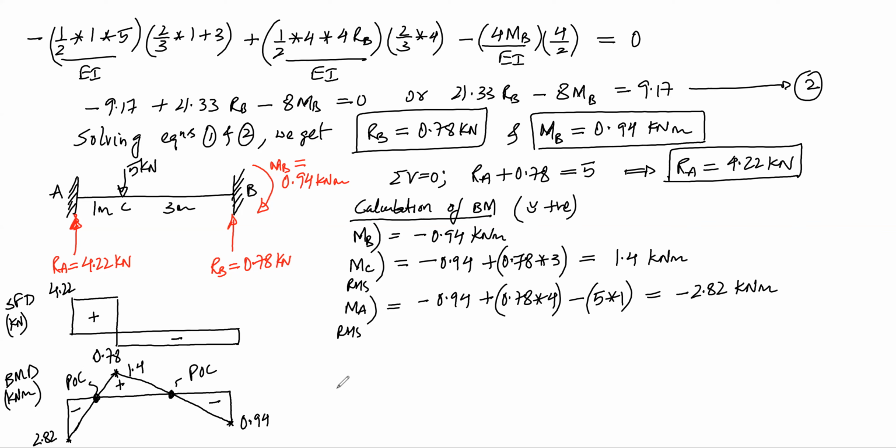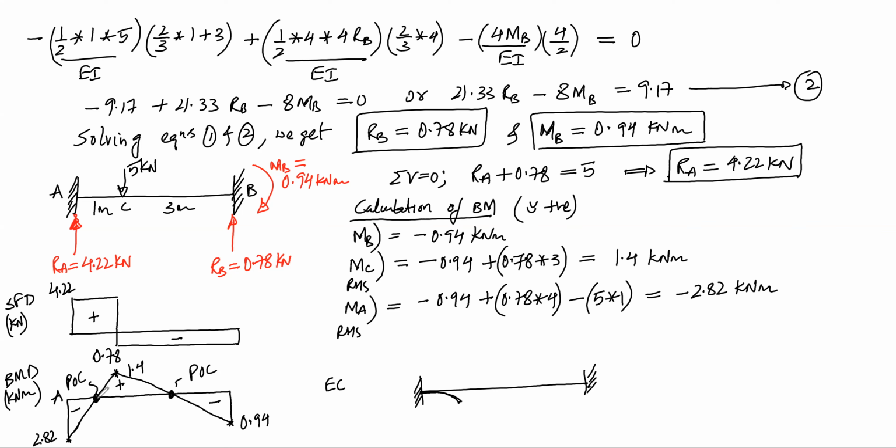Right, and the elastic curve for the given fixed beam will be, from point A till the point of contraflexure, it is hogging, so this region has to hog.